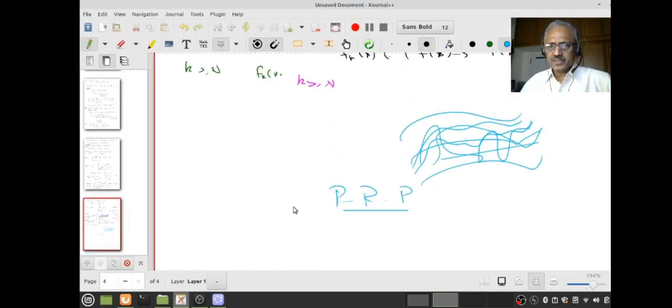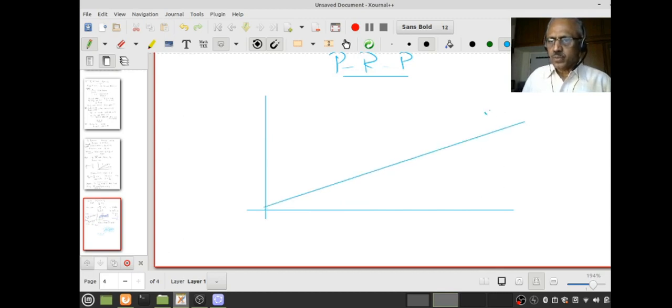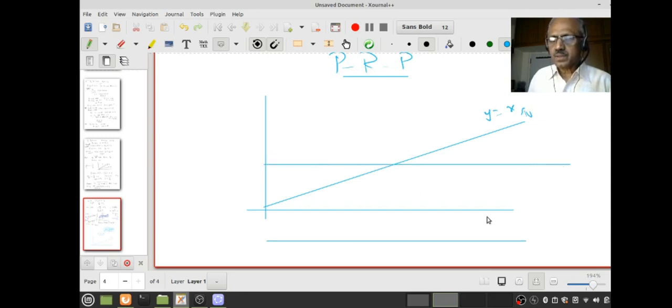That's what we showed. The picture showed like this. This is my y equal to x by n, and I took something like 1 here. And this is at n, and if I have 2n, that's going to be here.